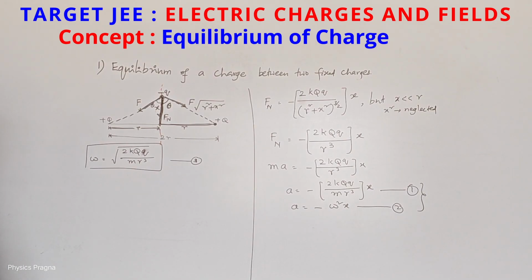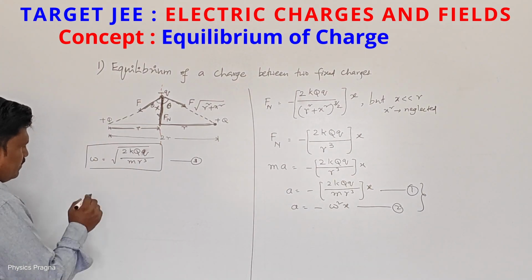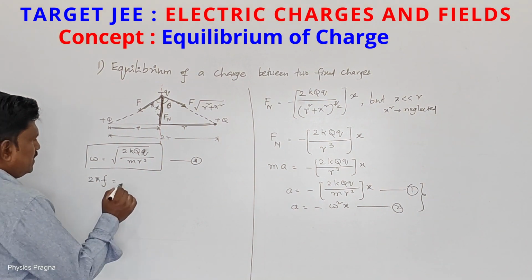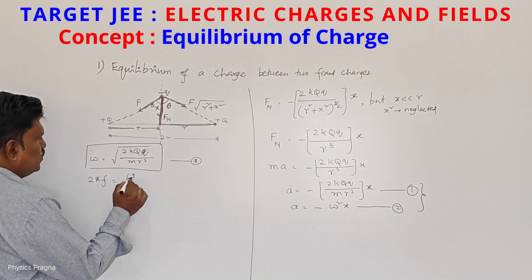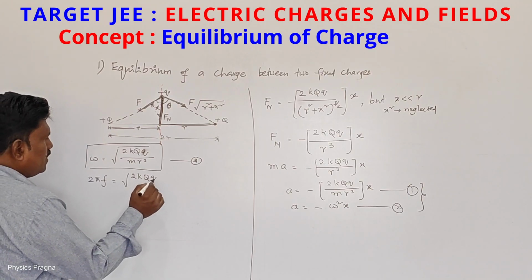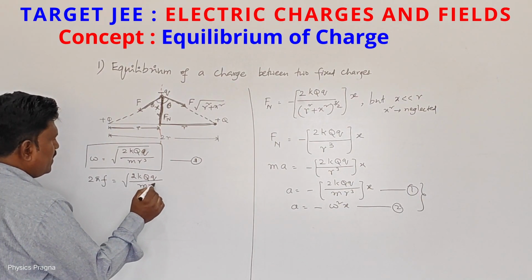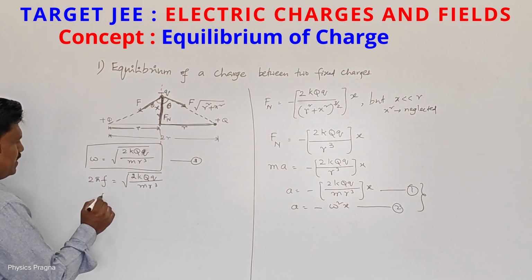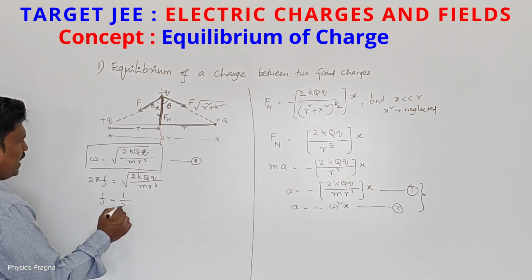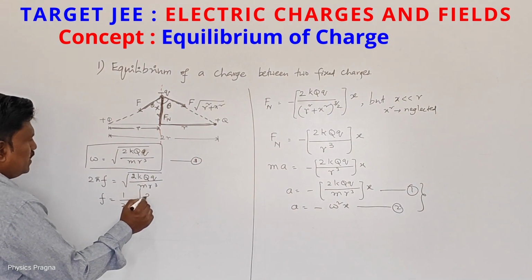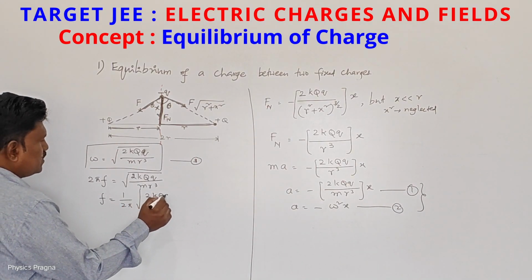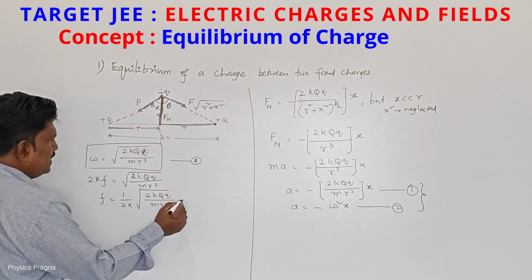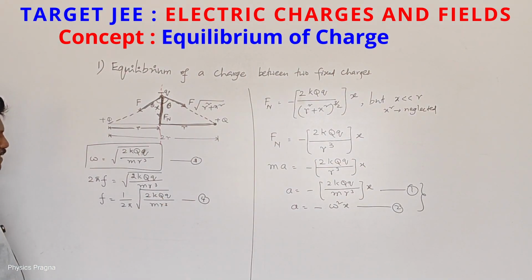This formula you can remember. If we want the frequency, in the omega place you write 2 pi f. Then f is equal to 1 by 2 pi root of 2k capital Q small q by m r cube. This is the frequency.